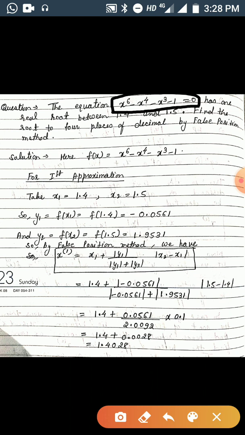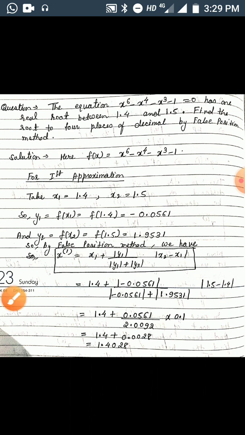So by false position method, we have the first approximation x superscript (1) is equal to the formula x1 plus mod y1 by (mod y1 plus mod y2) into (x2 minus x1). Substituting the values, we will get 1.4 plus mod minus 0.0561 divided by (mod minus 0.0561 plus mod 1.9531) into mod (1.5 minus 1.4).